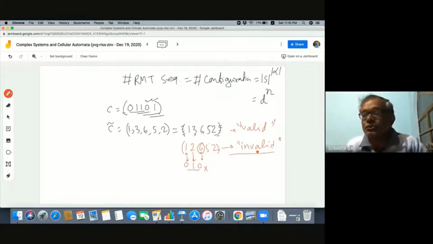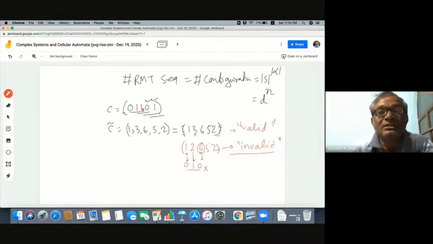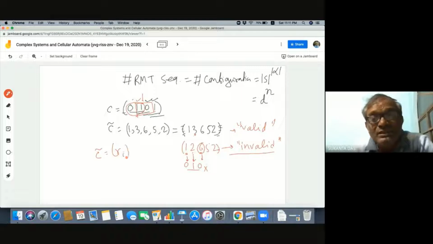Nothing else. So you can see here, for example, here it was 3, this is for cell number 1, and for cell number 2, what I get for the next number, just one room shift. So if this is my RMT sequence where Ri is my RMT acting on cell number i, then Ri and Ri plus 1 are related.